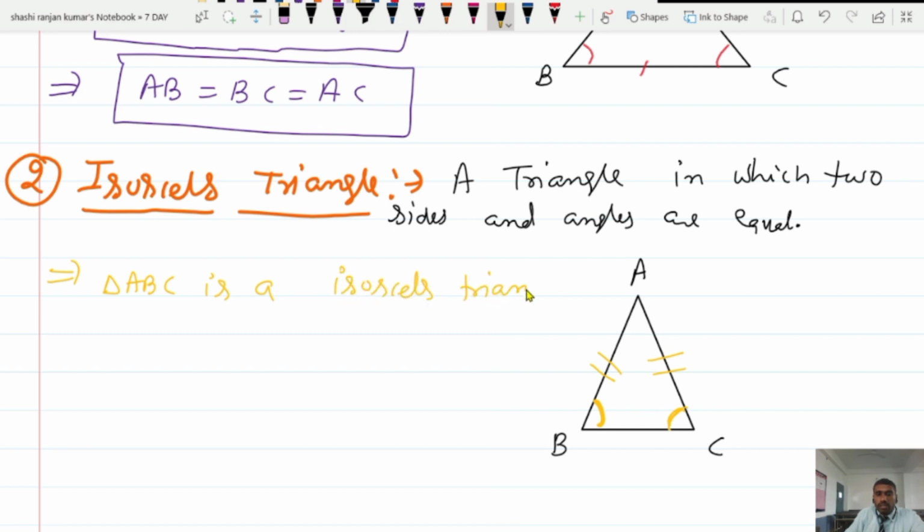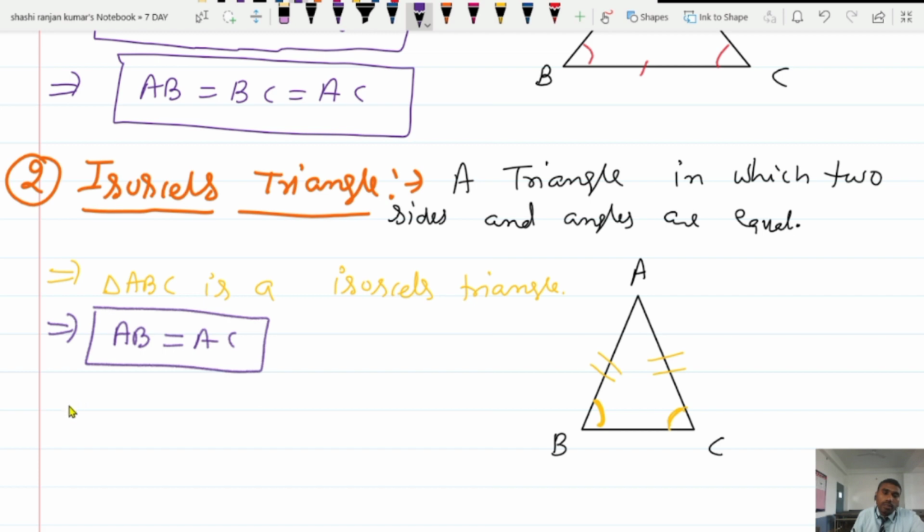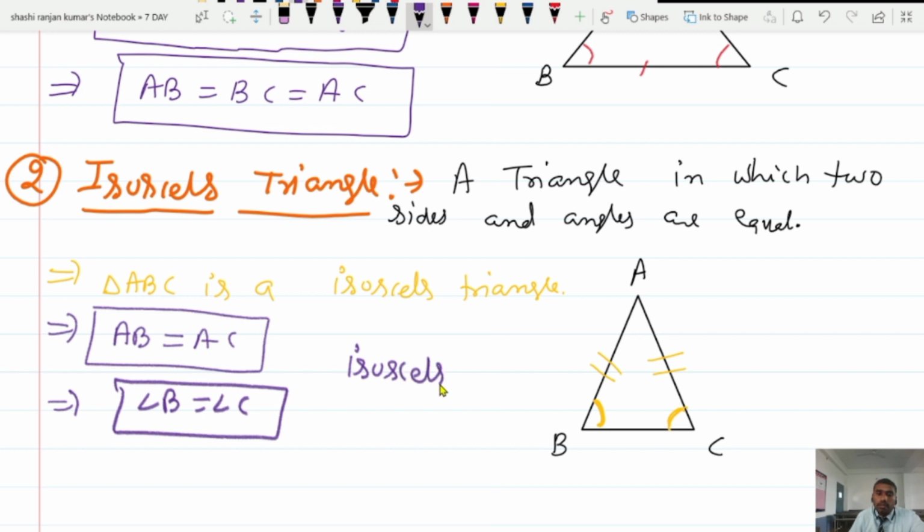Two sides are the same, that is AB is equal to AC, and two angles will also be the same automatically, so angle B is equal to angle C. So two sides and two angles are the same. This is known as the isosceles triangle. Fine.